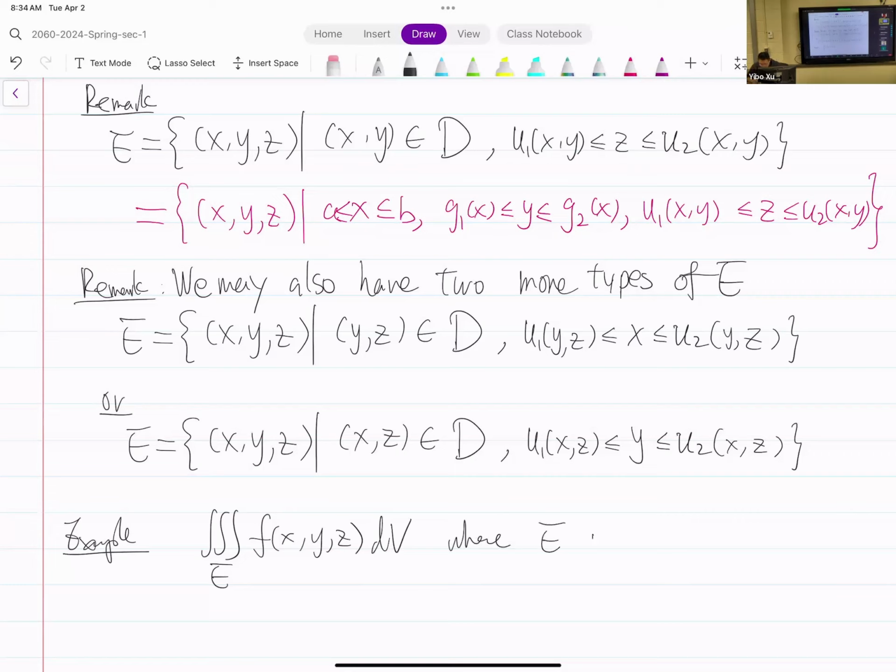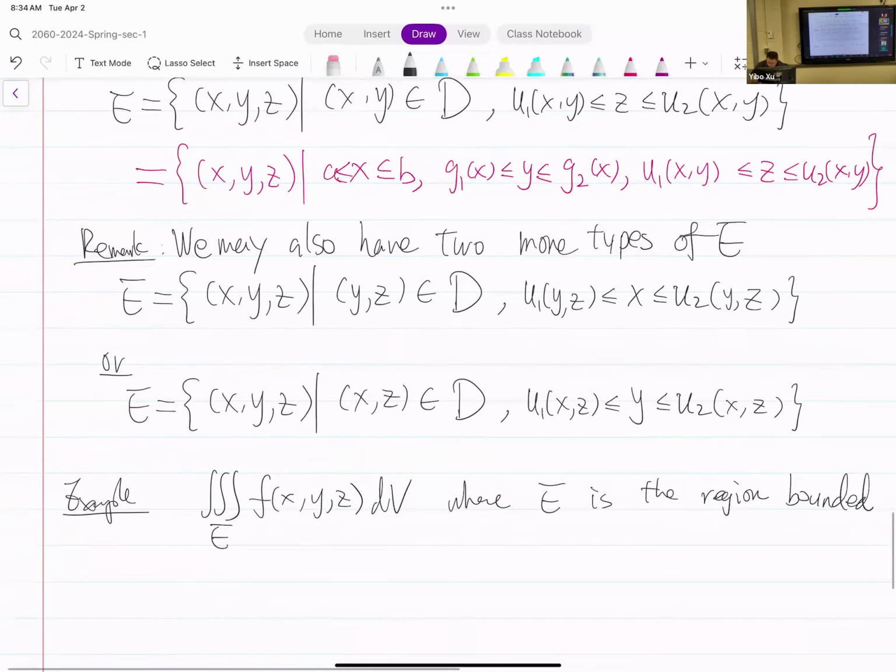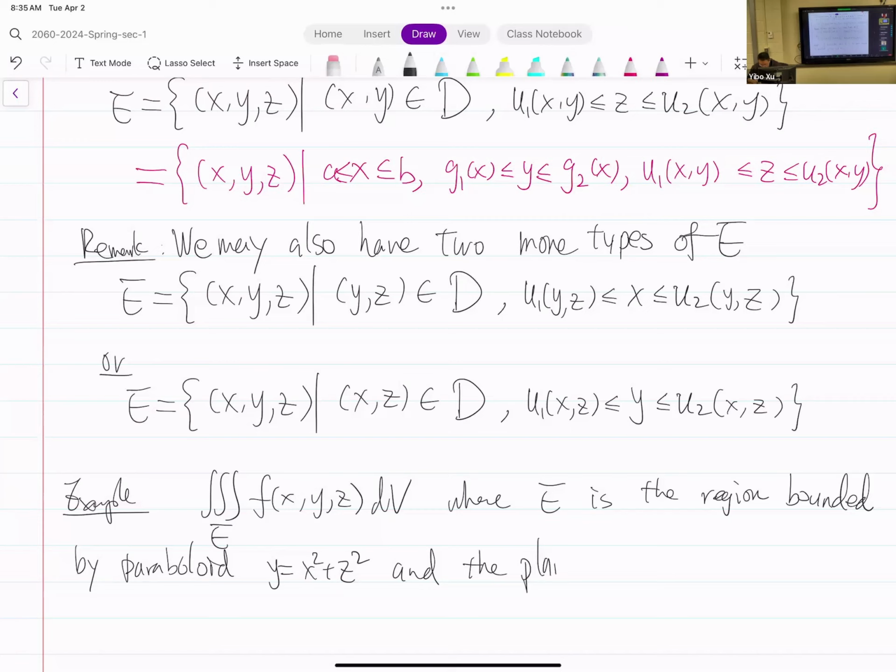Okay, so E is the region bounded by the paraboloid y equals x squared plus z squared, and the plane y equals 4.